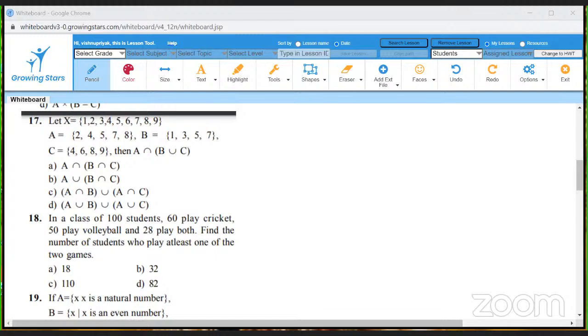Okay, almost all of you are getting 17th answer as B. But why did you get B? I'm worried. Let us see. First, I have to take B union C. I'll write B: 1, 3, 5, 7.